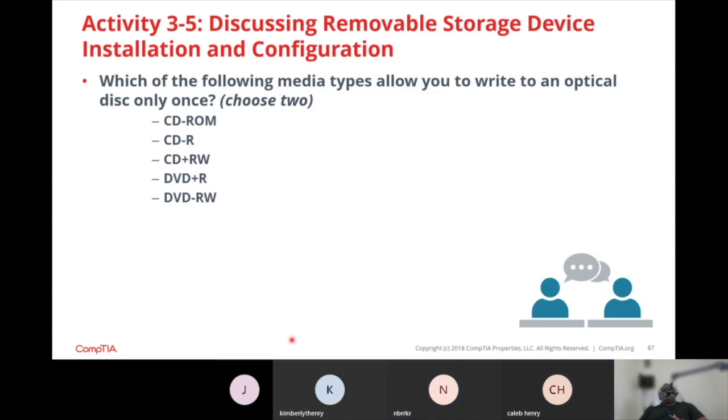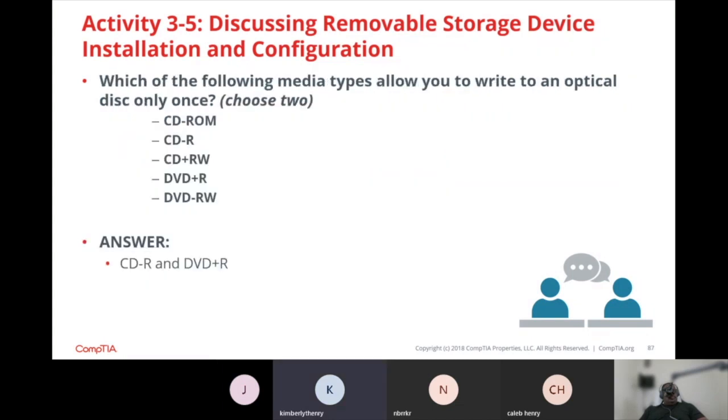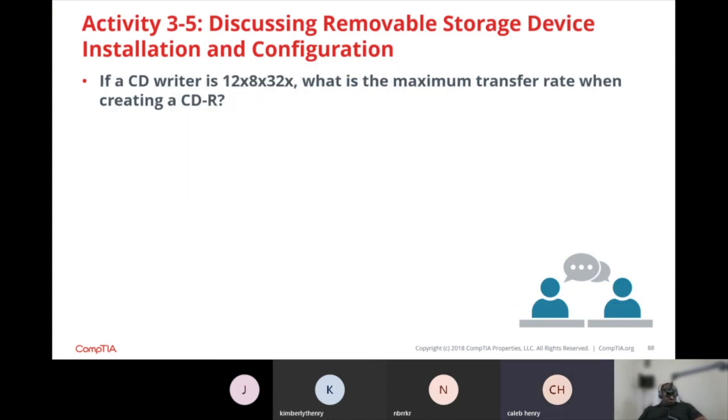CDR and DVD-R, those are the two. So that would be plus or minus R. They just listed them there. But yes, if it was a minus R, you could still only write to it once. Shout out to all my bootleg movie guys. They know the answer to that.